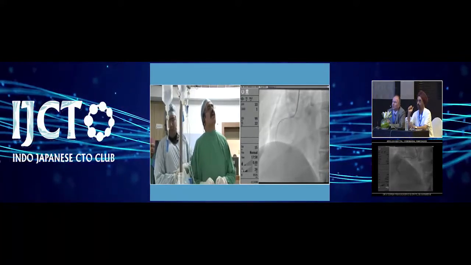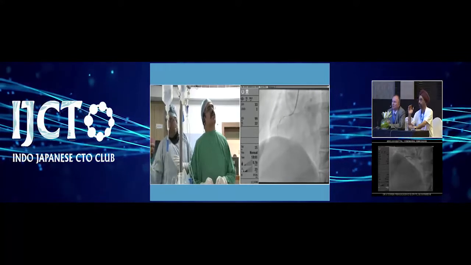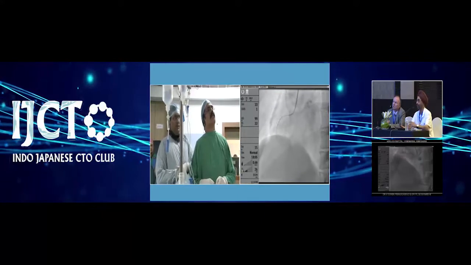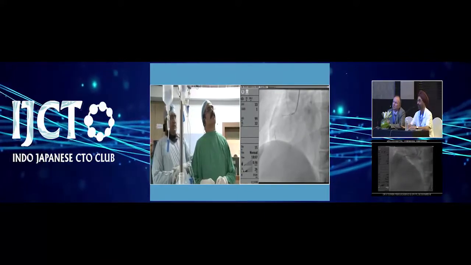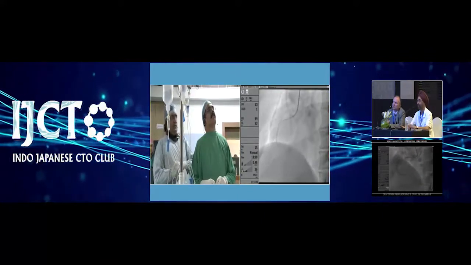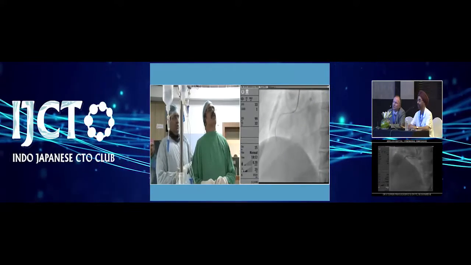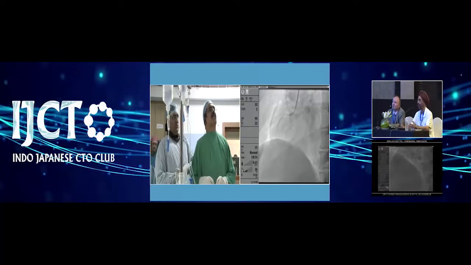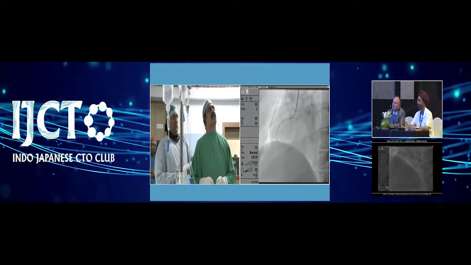So you have a choice. Actually, your wire is well down. You can remove this Fine Cross, but then you will need an anchoring or a Guideliner to get the balloon down. It's not going to be easy to cross with a balloon. If your Fine Cross is giving you so much trouble, with the guide backing out, the support is not good. You will either need an anchor there or a Guideliner to help you cross with a balloon.